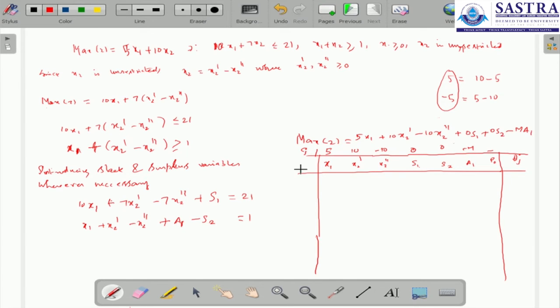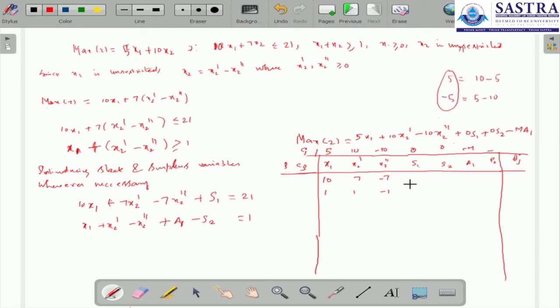Now, I have the basis and the cost basis here. For that, let me substitute the coefficients: 12, 7, minus 7, then 1, 1, then minus 1.